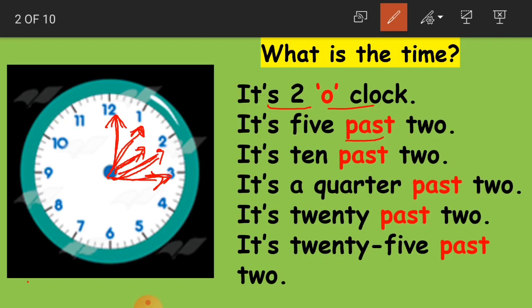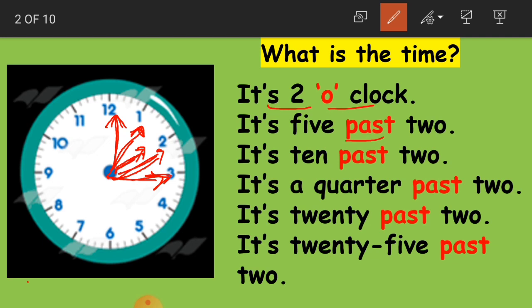Quarter is like when you divide something into 4 parts, one part is a quarter. 2 parts is half. 3/4 is also a quarter part, so we'll talk about that again.